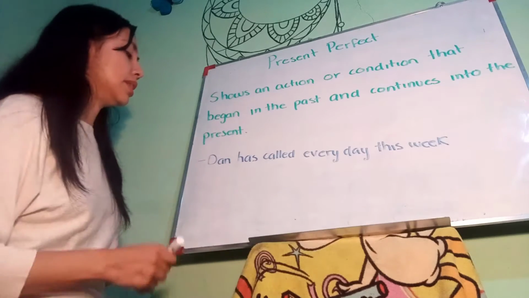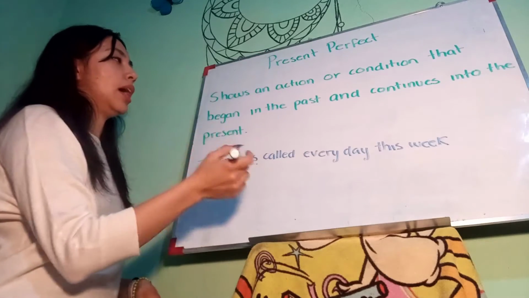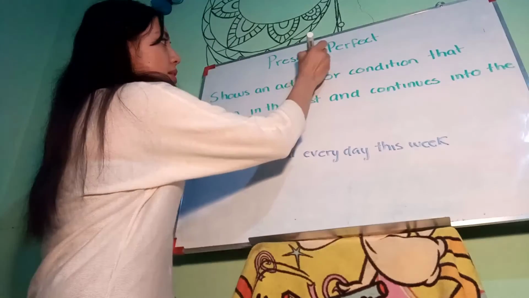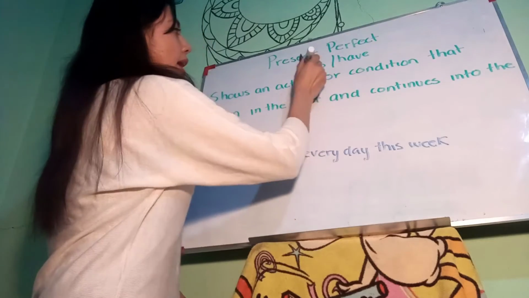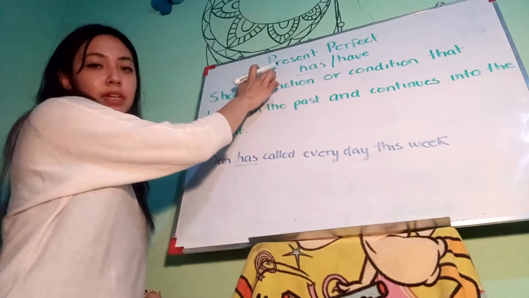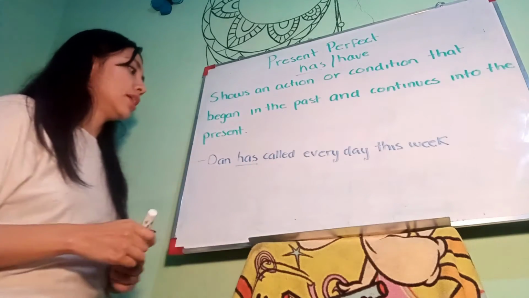Remember the auxiliary has. In the present perfect, we have two, has and have. Has for the third person and have with the first, second, and plural.